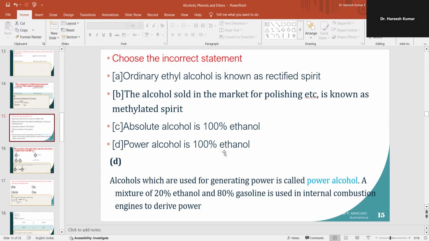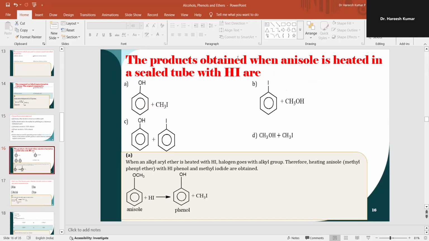Power alcohol is 100% ethanol. This is the wrong one, because power alcohol is nothing but 20% ethanol and 80% gasoline. Usually the Reliance industry is using this, right?